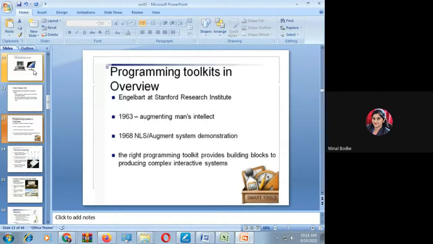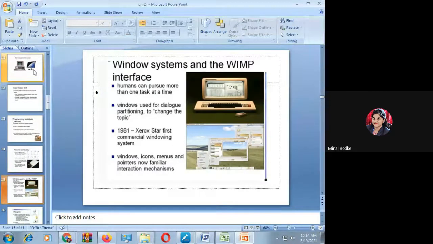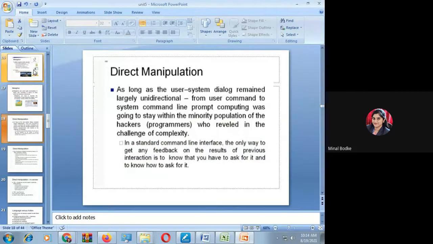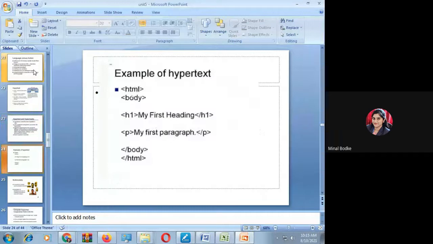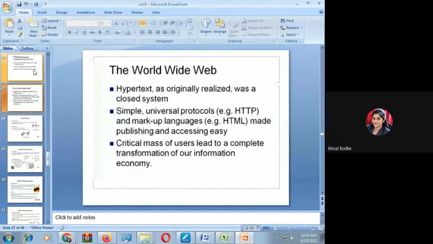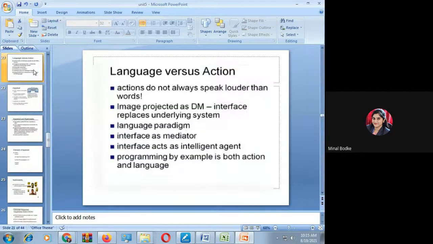Then personal computing, then WIMP interface, then metaphor. Then the direct manipulation concept was provided. Then language versus action, where all programming languages came into the picture. Hypertext, then multimodality and CSCW, and last the WWW and ubiquitous computing. Understood the generations? In the next lecture, we will start with ubiquitous computing.